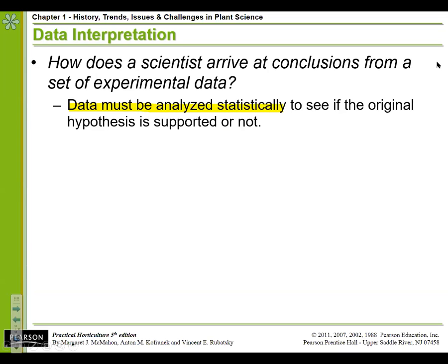No, we actually have to plot out the heights, the different sizes of the plants, in order, and then actually run it through some sort of statistical analysis system to prove or disprove our hypothesis.